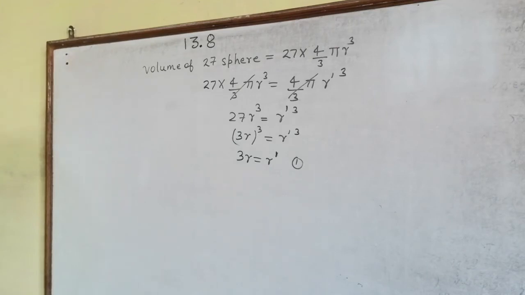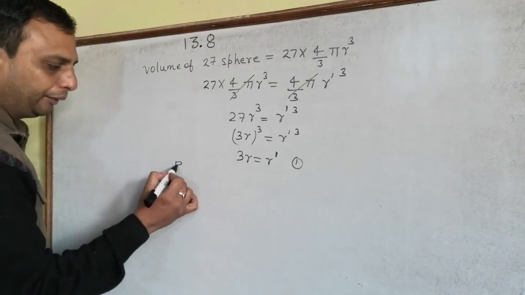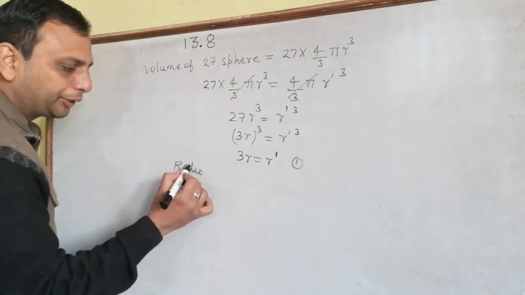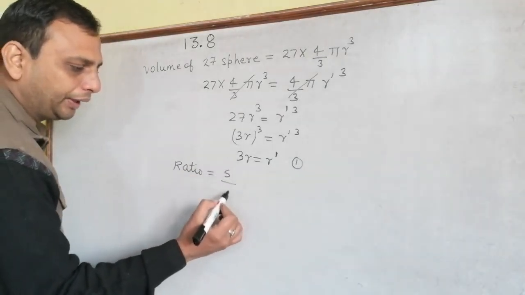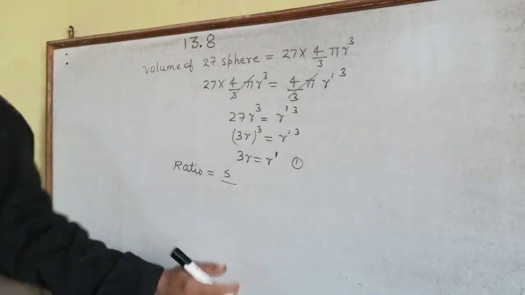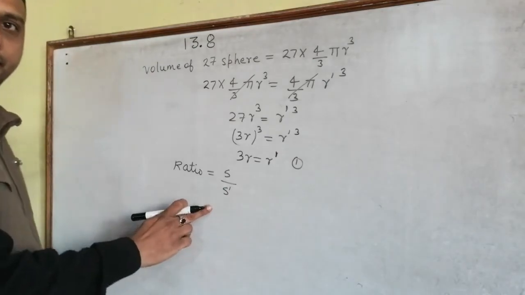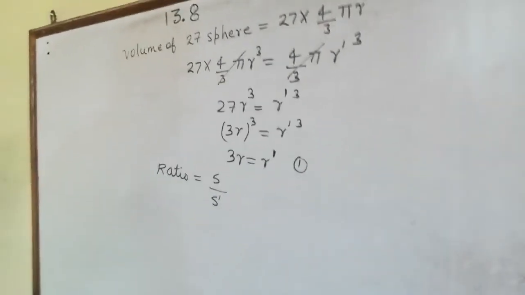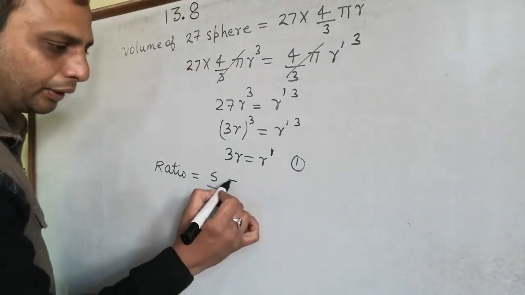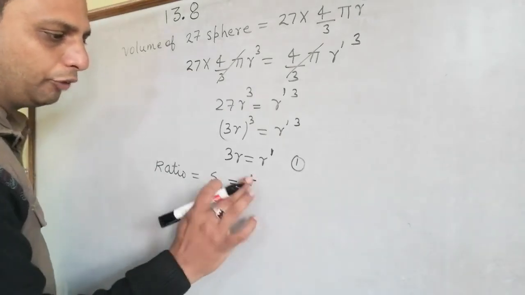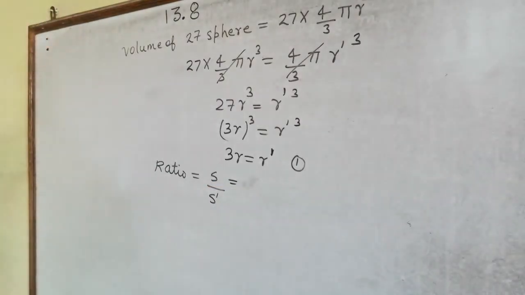Now we have to find the ratio of their areas. So the ratio asked is of S and S dash, S dash being the area of the new big sphere. The area formula of a sphere is 4 pi r square.